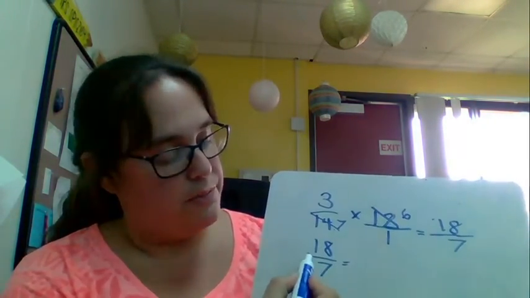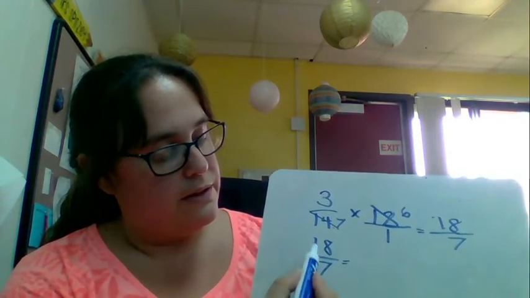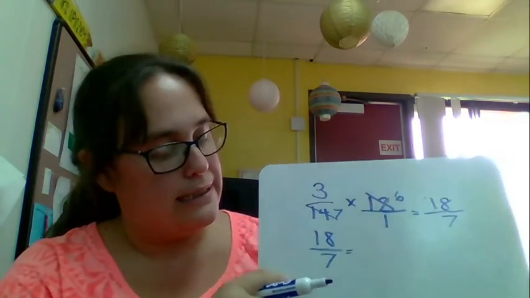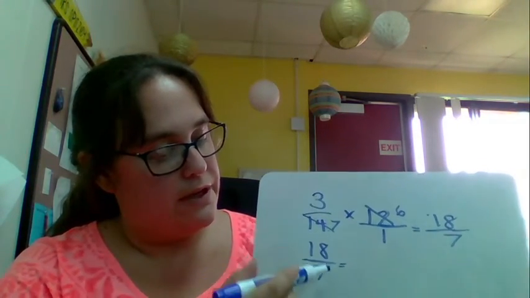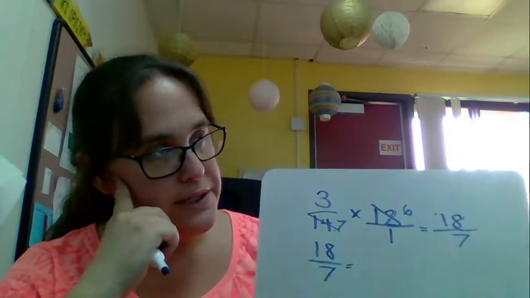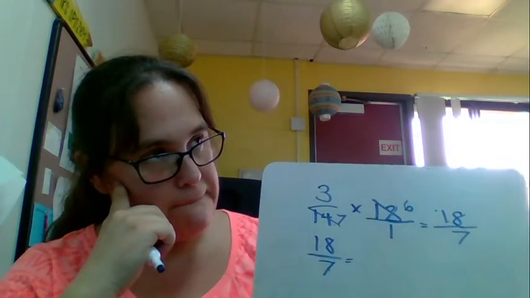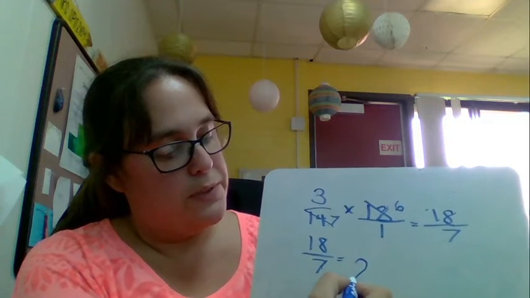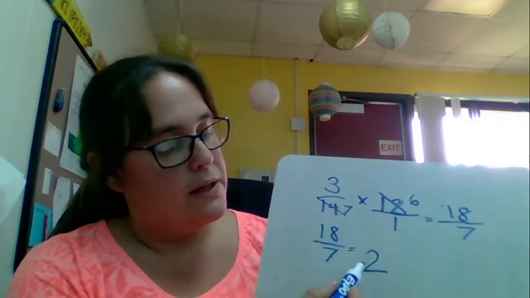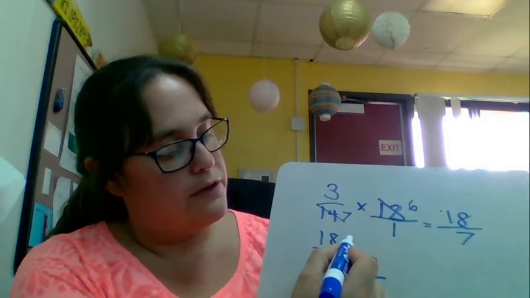Look at this as a division problem. 7 goes into 18 how many times? Follow your 7 across. 7, how close can you get to 18 without going over? Should be 2 times. And 7 times 2 is 14.